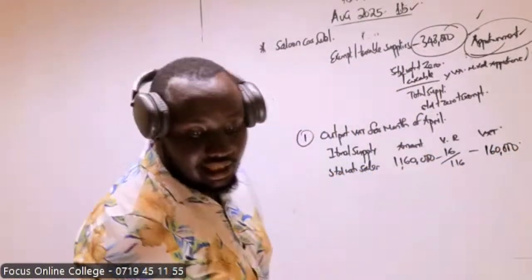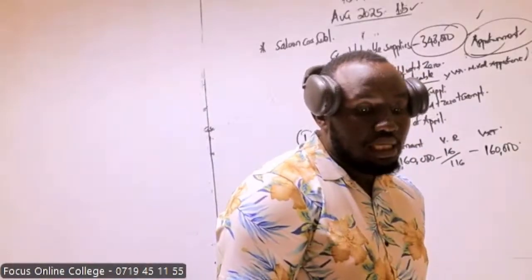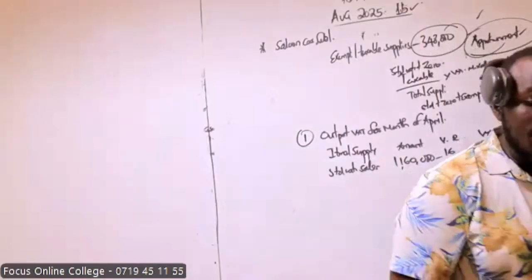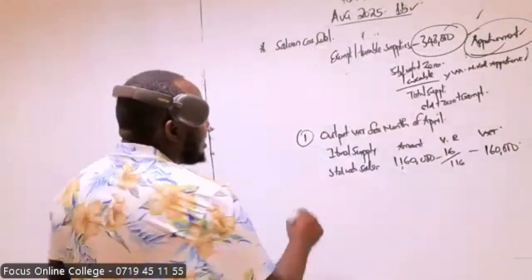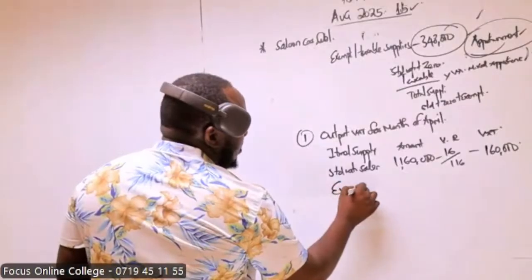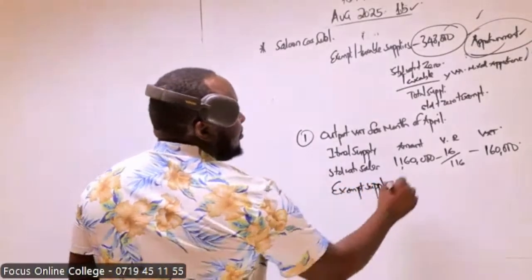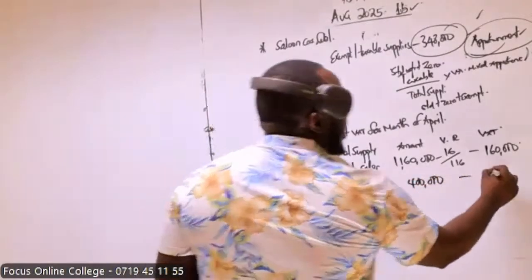Another sale: do you have zero rated in this question? We don't have zero rated, but we have exempt. Exempt supplies, we just say exempt supply. What is the figure for the exempt supply? Is it 400,000? So we have a dash and a dash.